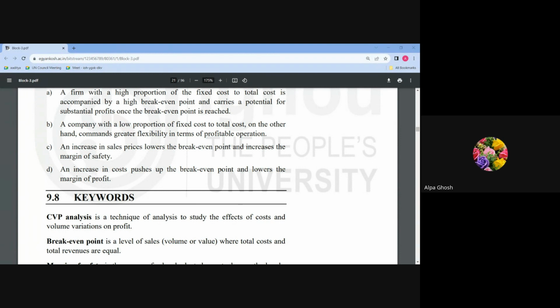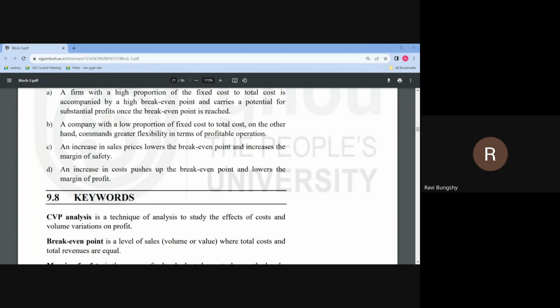So that is the point which is known as break-even point, where there is no profit and no loss. So we need to find out what is that break-even unit up to which we need to sell the products where there is no profit, no loss. And once we attain the state of break-even point, from there we start earning profit.